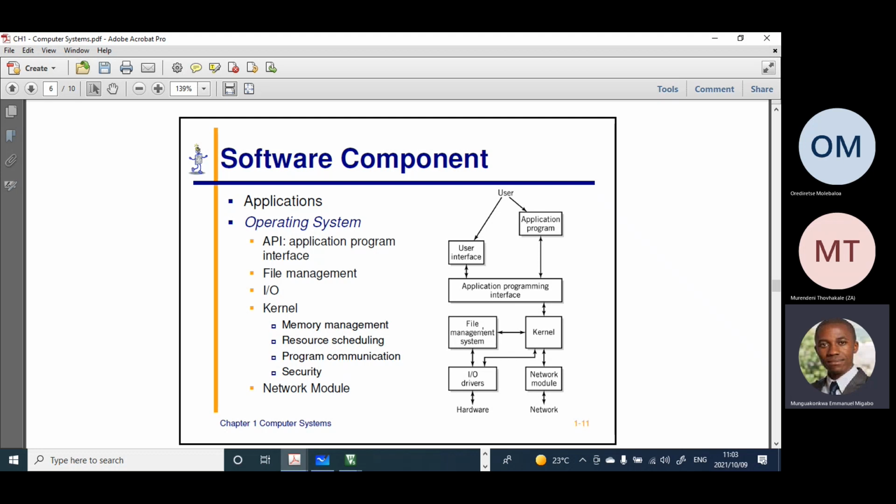To understand it, we need to go all the way down from hardware, because the software at the user level, which we call application programs, such as your calculator, Outlook, and many others that we can develop, must be able to make use of the hardware available on the computer to achieve its purpose.